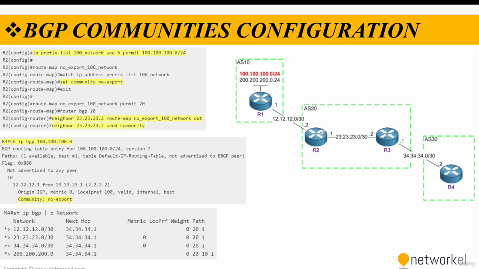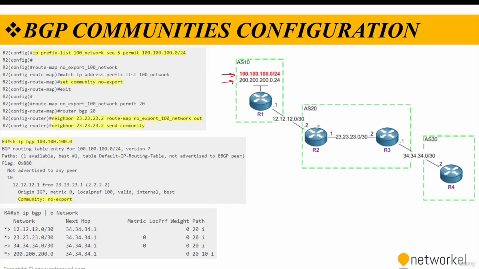Okay, in my topology I have 4 different routers, router 1, 2, 3 and 4, and router 1 is advertising this 100 subnet and the 200 subnet to the rest of the network. So let's think of a scenario like this. Router 1 will advertise both 100 and 200 to router 2.